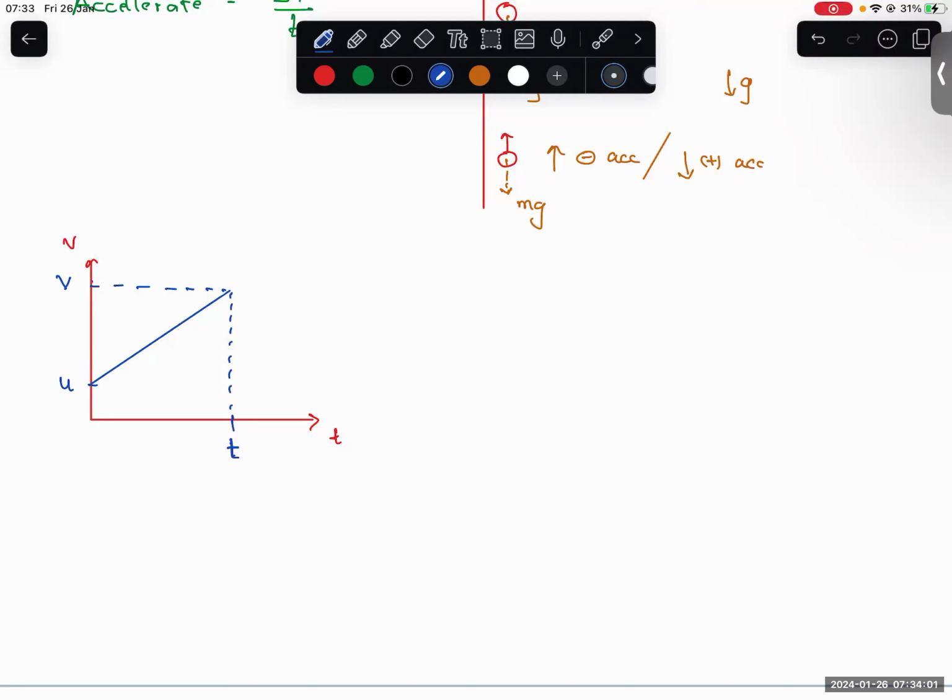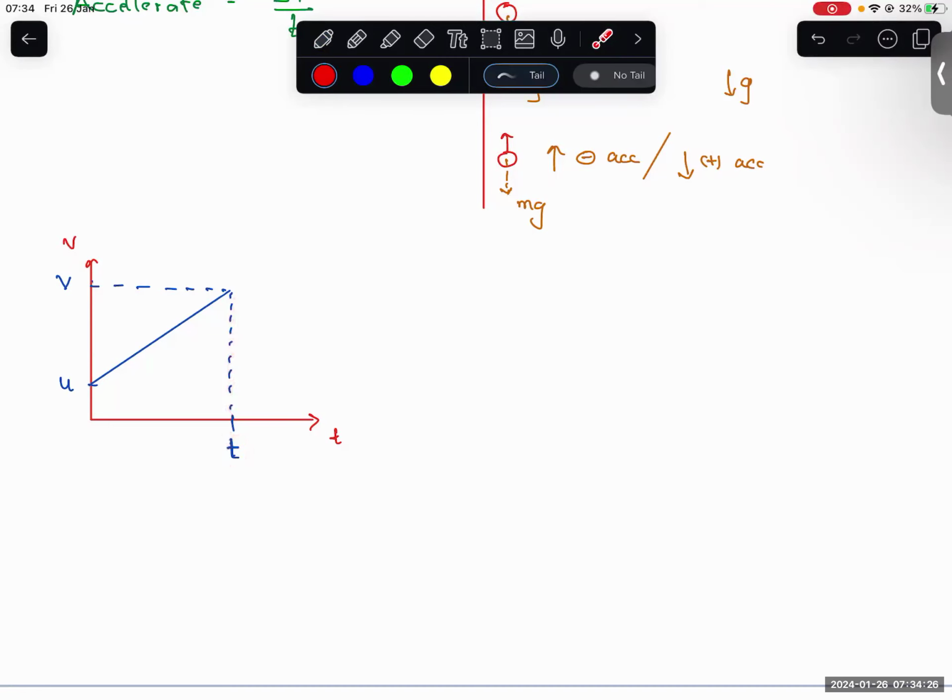Okay, so this is the graph that we are going to use to derive the equations. This graph describes the motion of an object which started with an initial velocity of u and finished with the velocity v. The total duration is t.